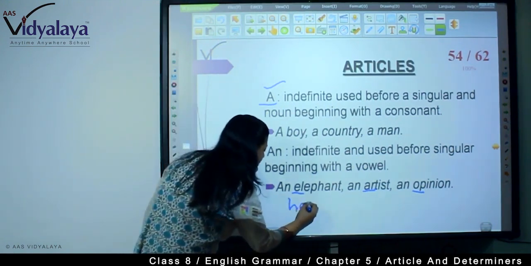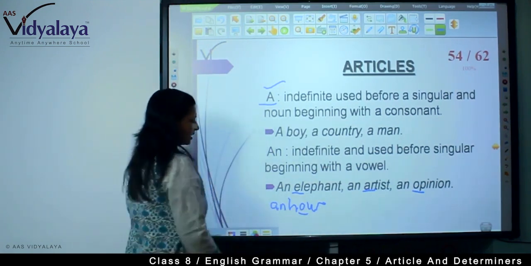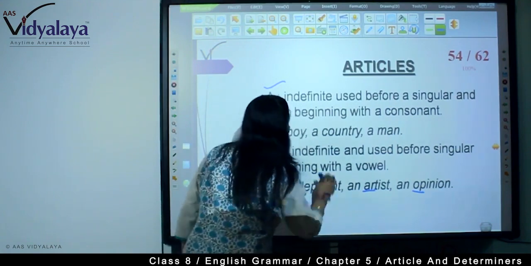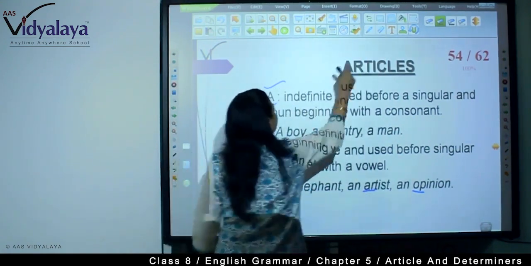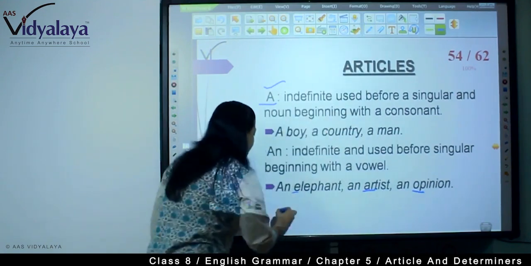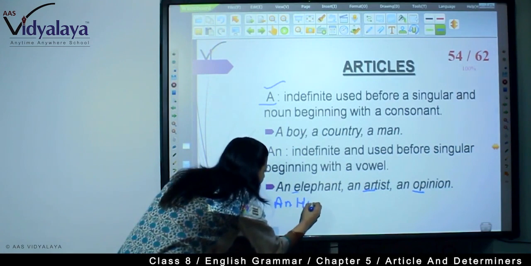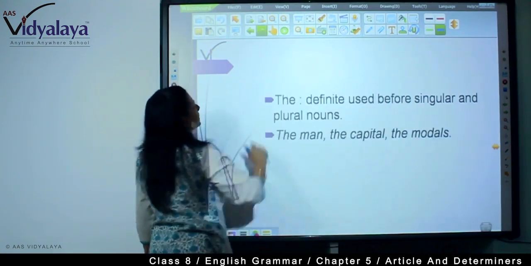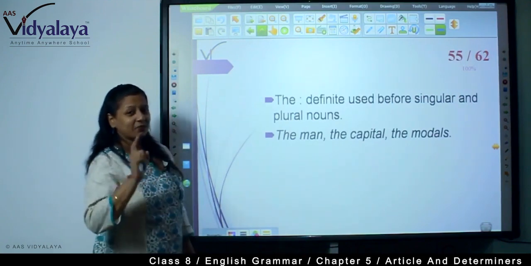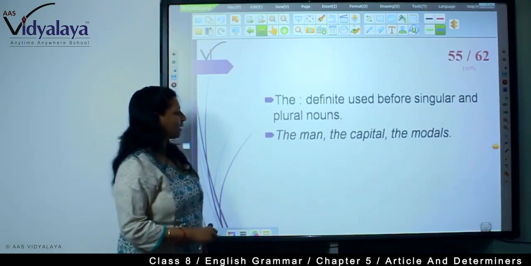See, though it is starting with H, the pronunciation begins with a vowel sound, H-O-U-R, an hour. Right?